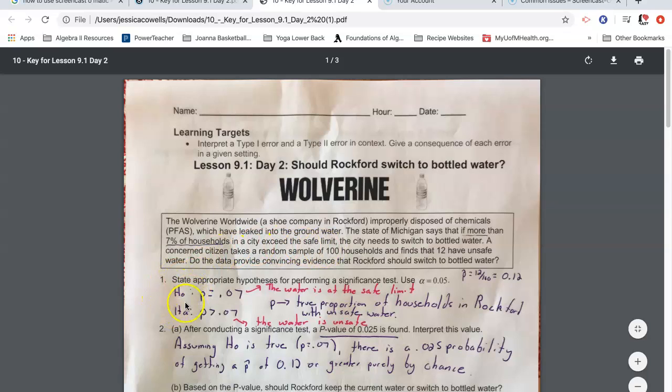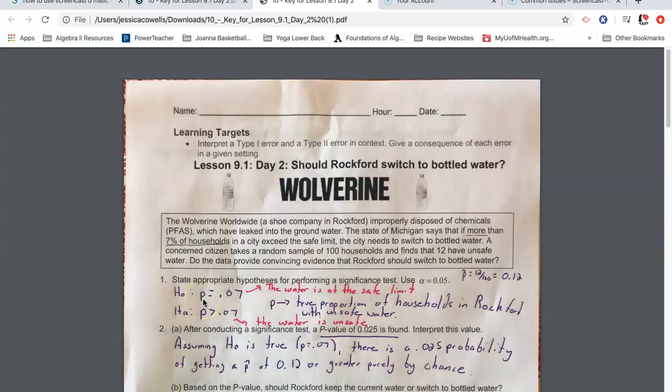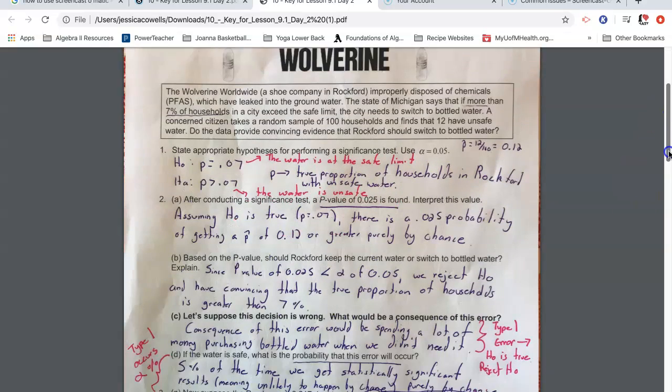So we're going to start with the null hypothesis that p, the true proportion of households in Rockford with unsafe water, is only 7%. The alternative hypothesis would be that p is greater than 7%. That's when they're going to say, okay, we now are at the unsafe level for the city and have to switch. So p is the true proportion of households in Rockford with unsafe water.